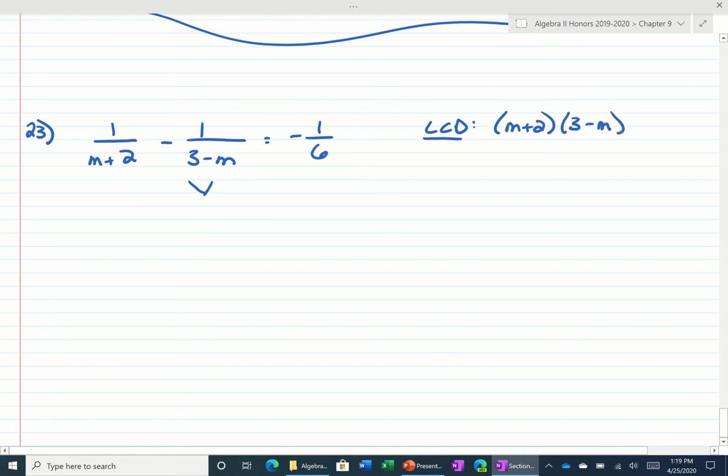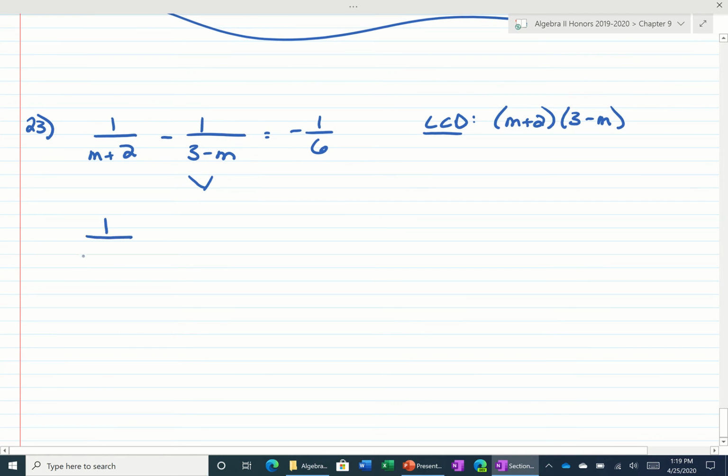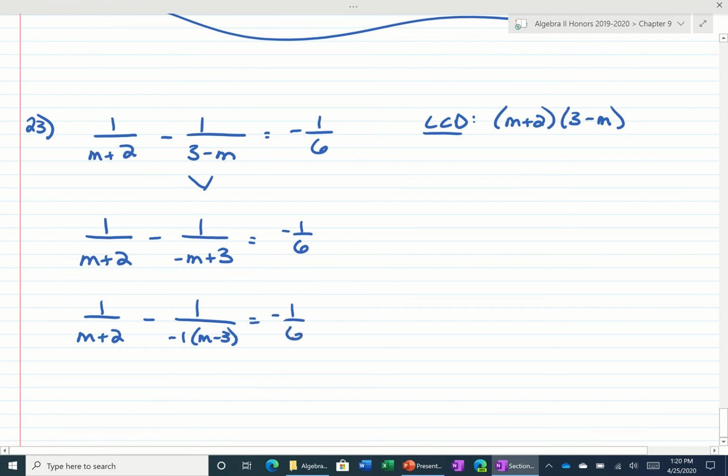Another way we could do it is we could rewrite this 1 over m plus 2, and then minus 1 over negative m plus 3. I just switched those around. And then I could take another negative out. So if we wanted to do it this way, these could actually cancel.